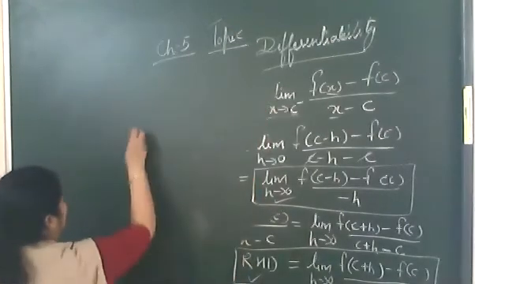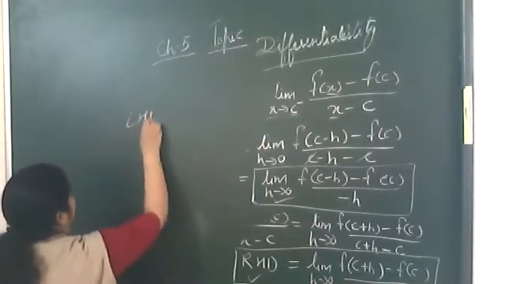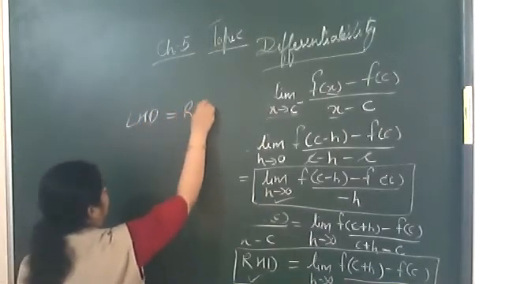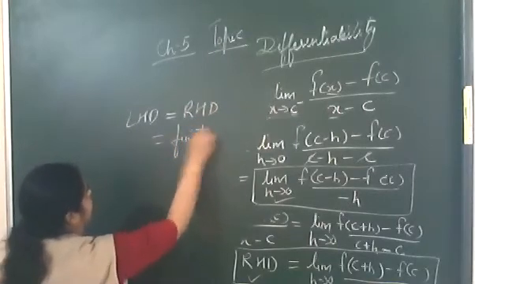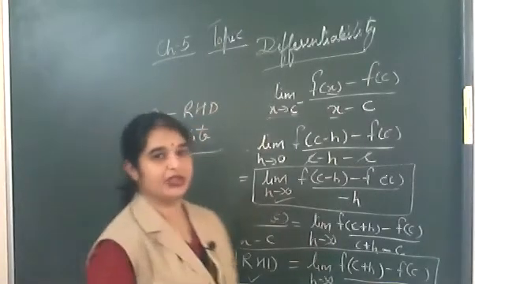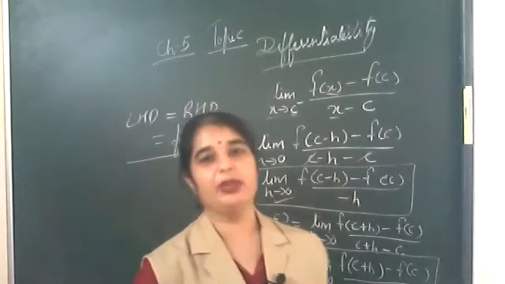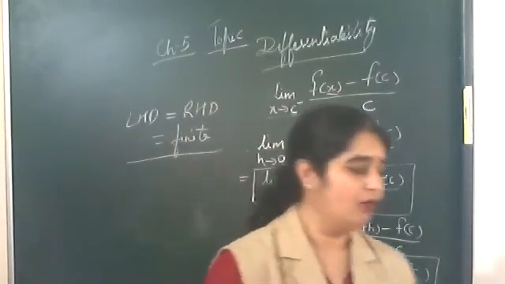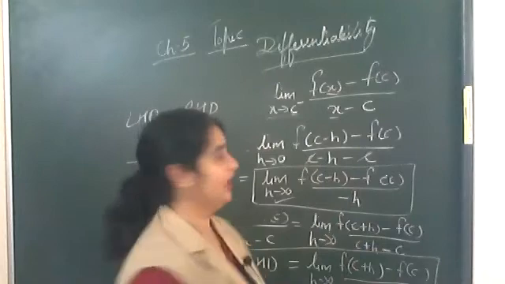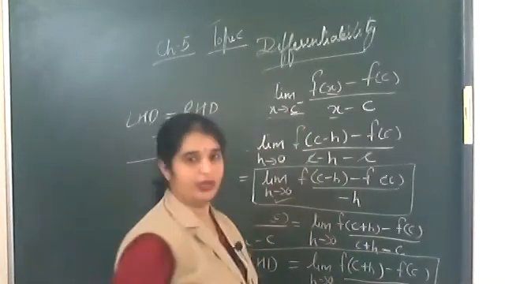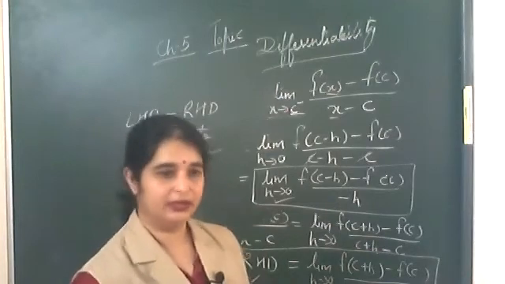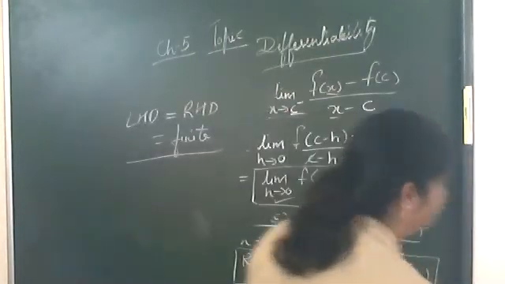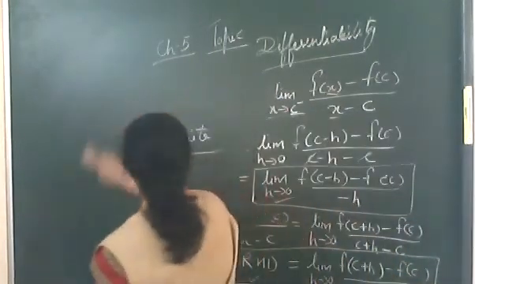So what we can say is, if your LHD is equal to RHD is equal to some finite value, then we can say that the function, whatever function is given, is differentiable at that particular point. What is that particular point? At that particular point we are finding the derivative. Clear? This you have done mathematically.